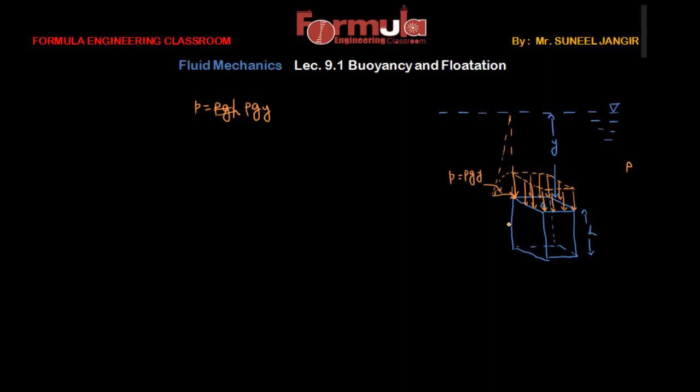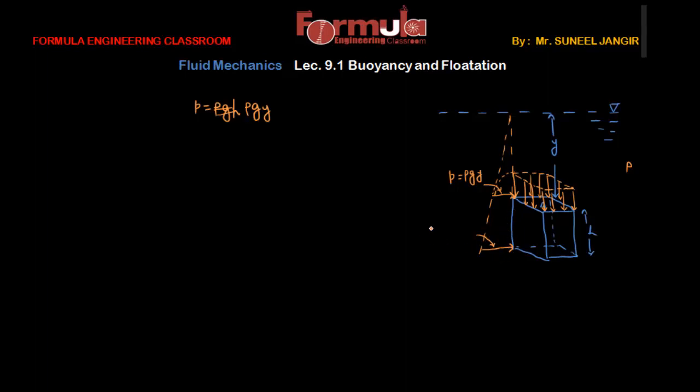Now, as we move down, the depth increases. Obviously, as the depth increases, the pressure intensity also increases, because the pressure intensity is directly proportional to the depth in the fluid. Here at this point the depth is y plus h, because h is the height of this fluid element.